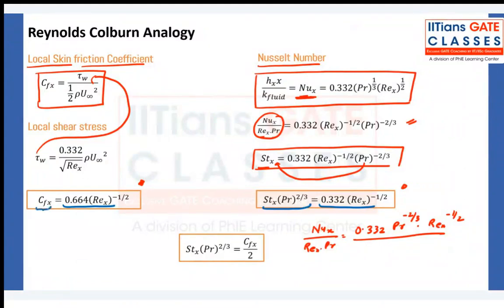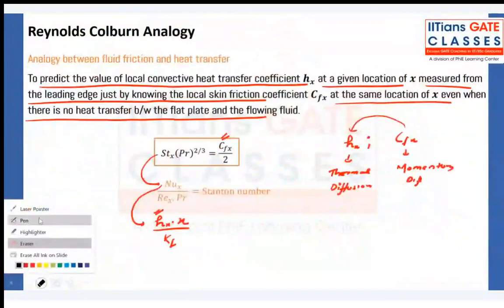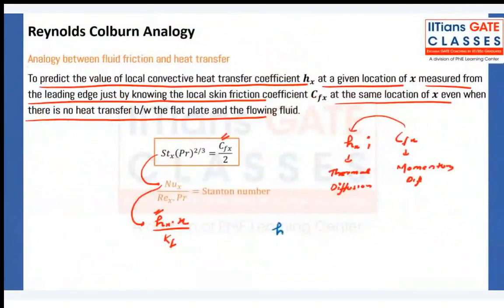You have to divide these equations. If you divide this thing by 2, then these things will be equal. So this is the relationship that we have gotten between Hx in terms of Stanton number, and Cfx.